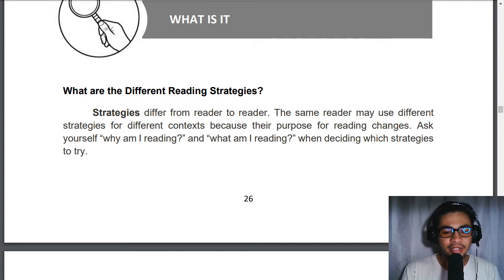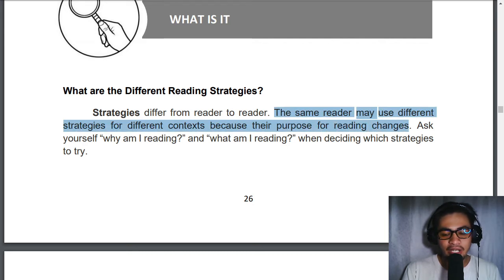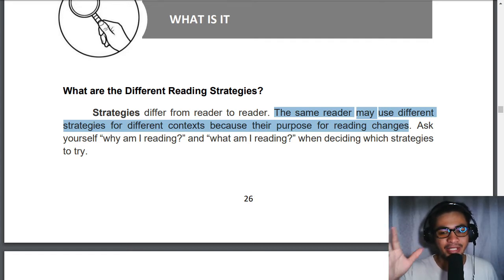The same reader may use different strategies in different contexts because their purpose for reading changes. Yes, agree with this. You use different strategies for different contexts. It doesn't mean that if you read comic strips, your strategy is the same when you read an academic text. So you have different strategies applied when you read certain contexts.